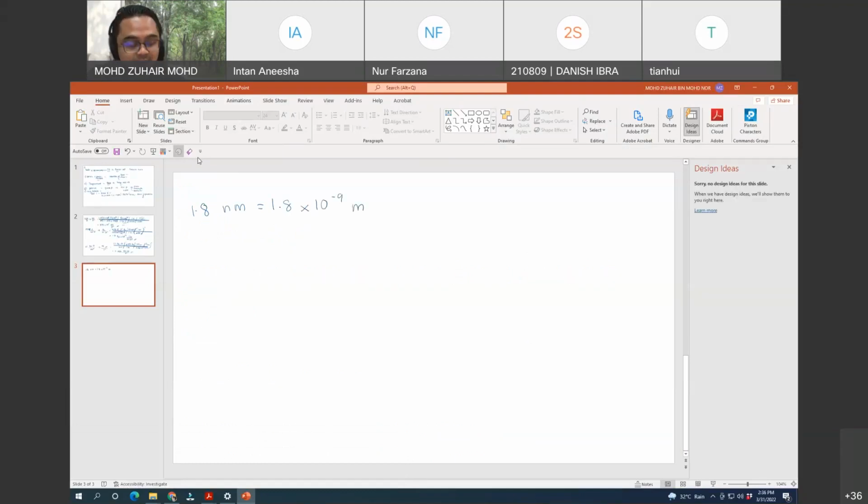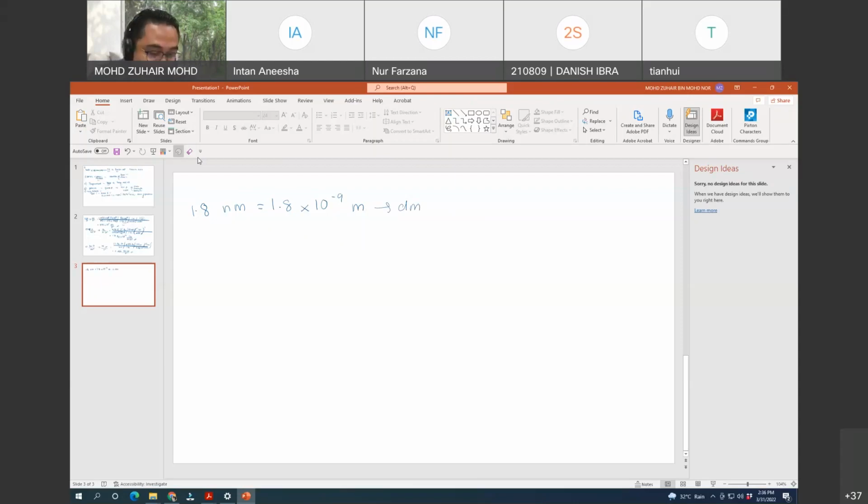Right. Okay. So, the question asks to convert not to meter but to decimeter. For decimeter, what is it? 10 to the power of -1. Okay.